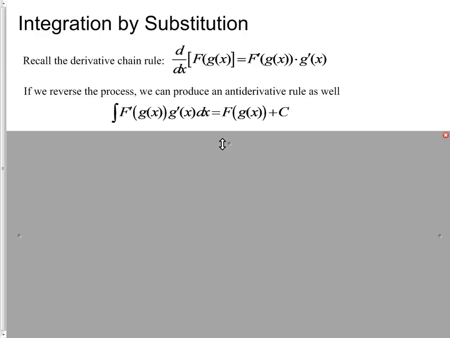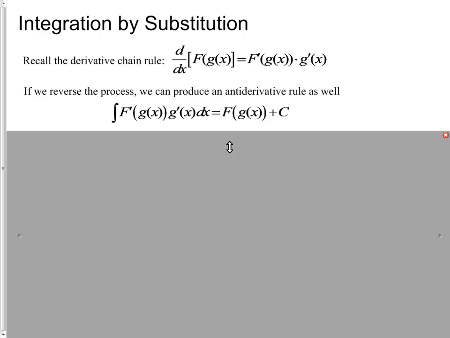So if we're going to reverse the process, which is our antiderivative process, then we treat it as follows: we are given a derivative f prime of g of x times g prime of x dx, and our antiderivative, of course, would be capital F of g of x plus c.